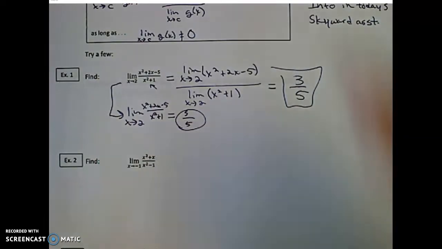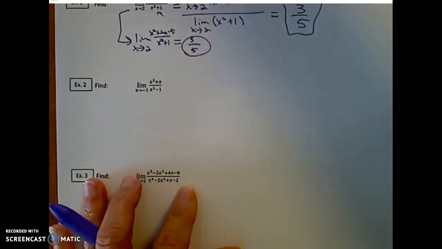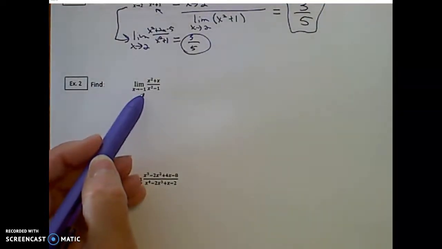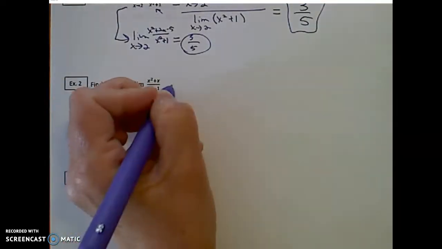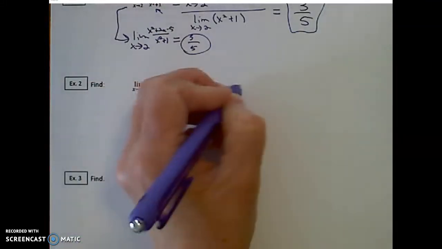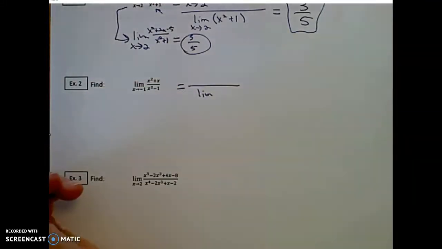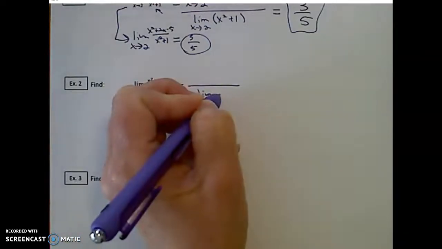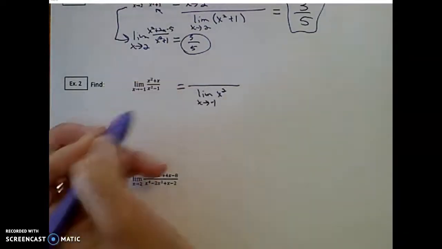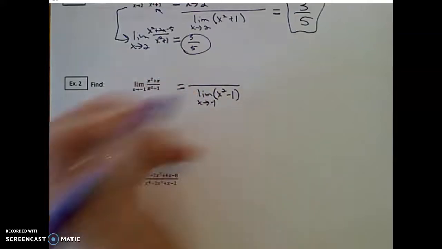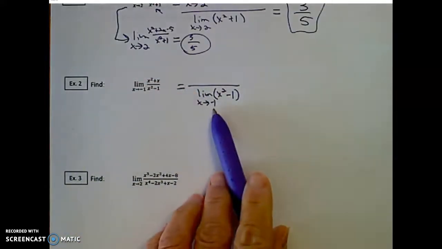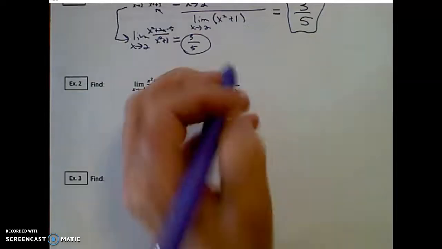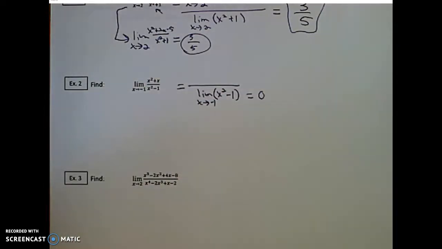Alrighty. But if we notice right away that if I plug in -1 into this next limit, if I chose to separate, the denominator becomes the limit as x approaches -1 of x squared minus 1. So if I look ahead, if I plug in -1, -1 squared is 1, minus 1 is 0, that denominator is going to equal 0.